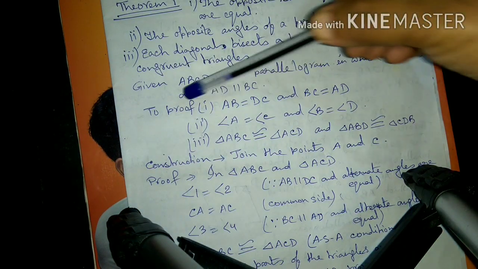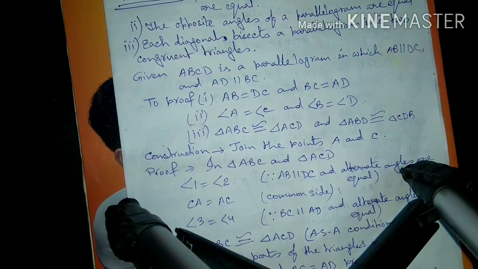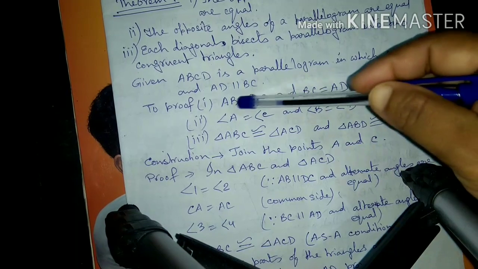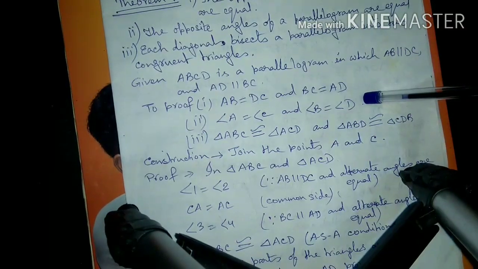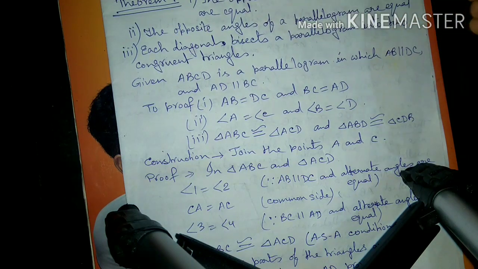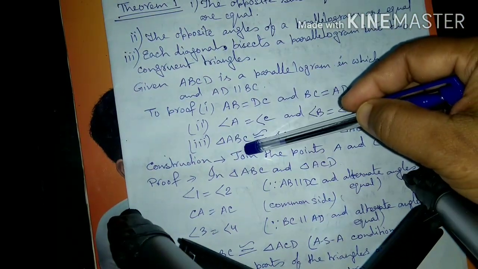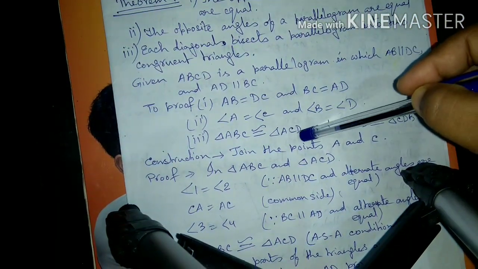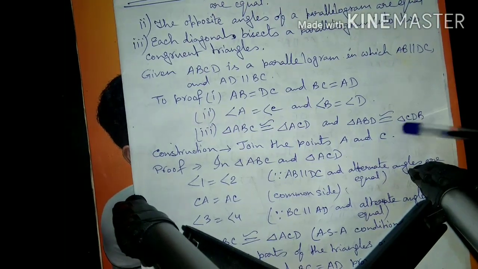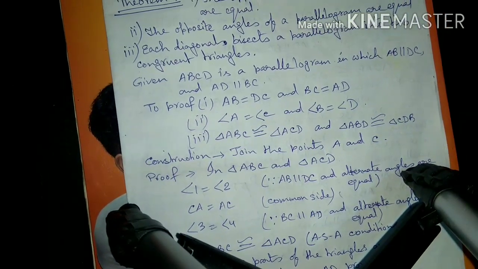Yes or no? So now, what we have to prove: first is opposite sides are equal, second is opposite angles are equal, and third we have to prove that the diagonals bisect the parallelogram. That means triangle ABC is congruent to triangle ACD, and also if we join B and D, then we will get triangle ABD is congruent to triangle CDB.